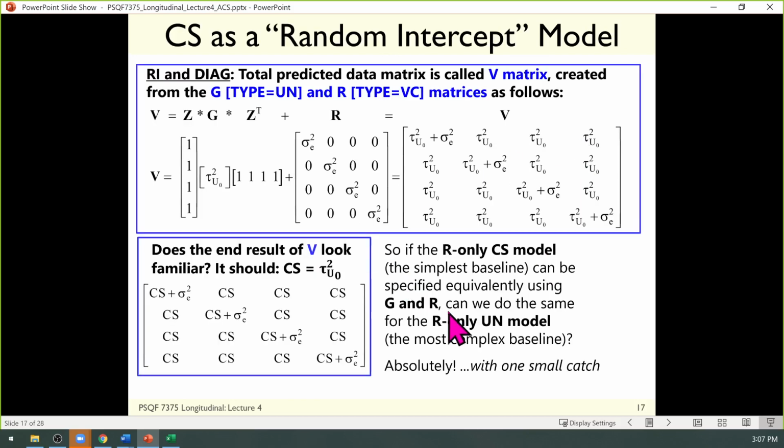And here's how it actually works. In order to get those things to be the same size such that they can be added together, you have to pre- and post-multiply the G matrix by a vector of ones, that is the number of occasions for this person. So that's how it actually happens, is this piece right here. So what we end up with is actually a V matrix for each person that depends on how many occasions they have.